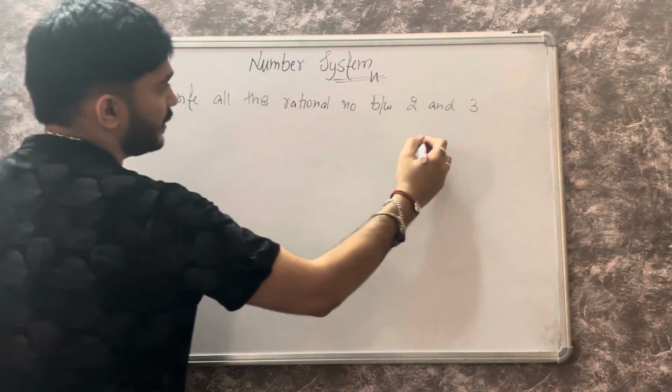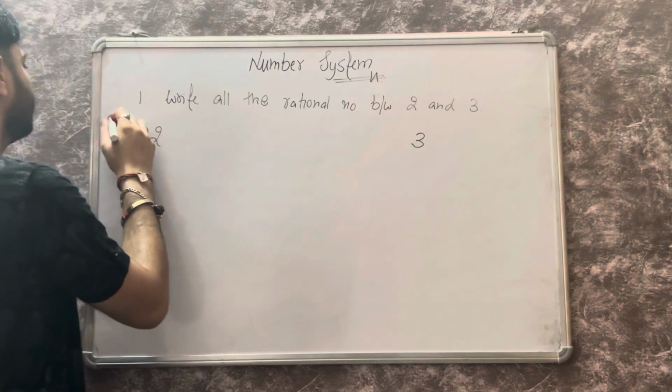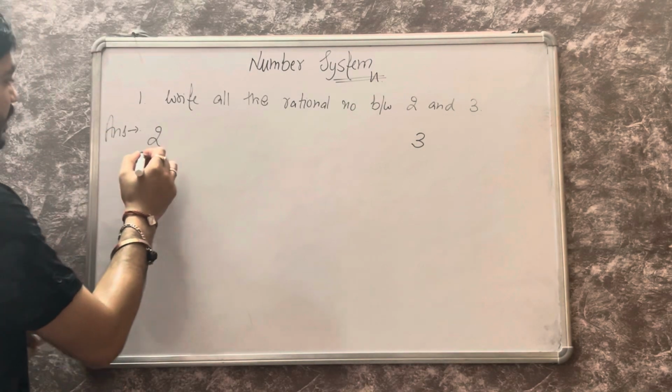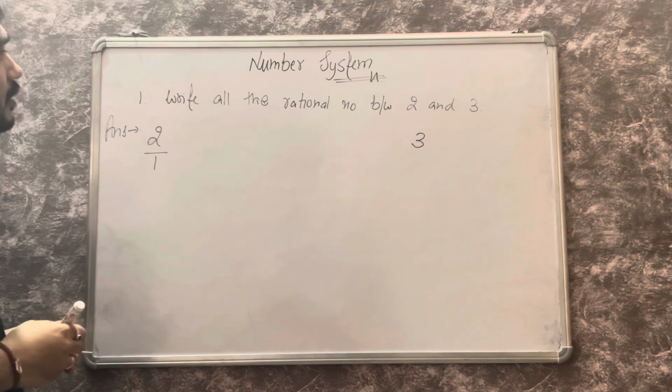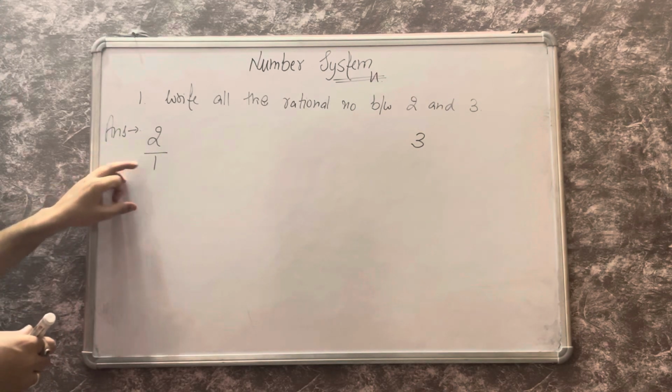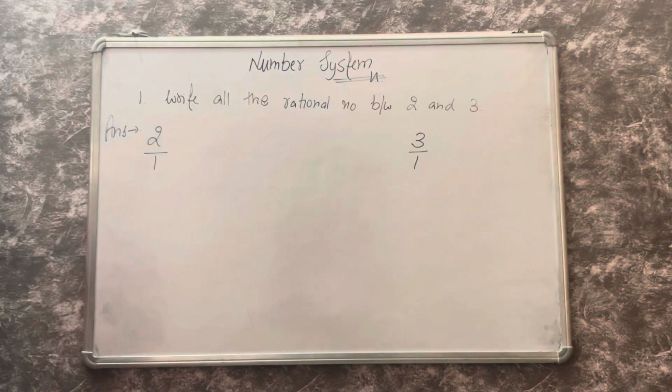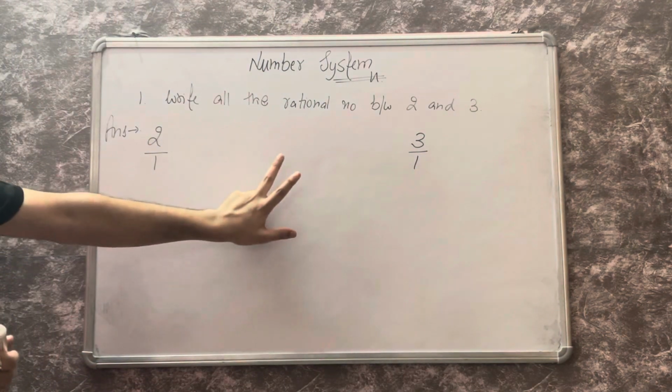What you are going to do? Write 2 and 3, and write 2 and 3 in the form of rational number. So how do we write 2 as a rational number? 2 upon 1. And how do we write 3 as a rational number? 3 upon 1. Now there are two types of this question.